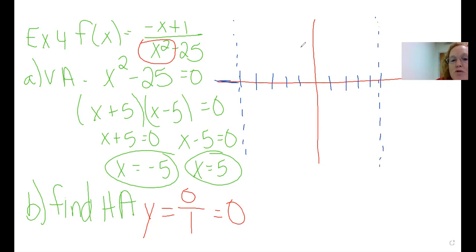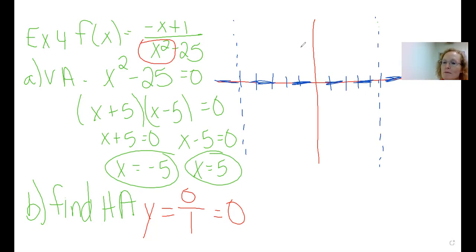And then I'm going to do this really big and bold because I want you to realize you have a horizontal asymptote, but it's kind of hard to see it, especially if I would have done it in the same color as my axis, because what I really have is a dashed line on top of that axis. So you have a horizontal asymptote right there.